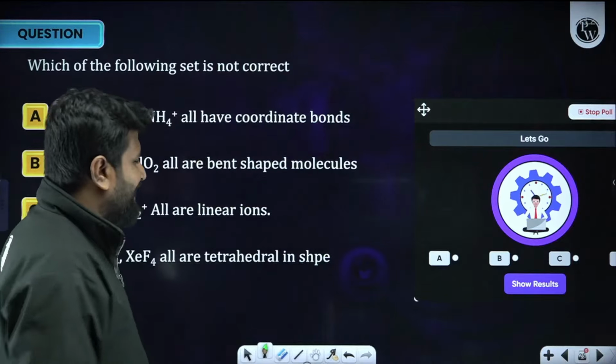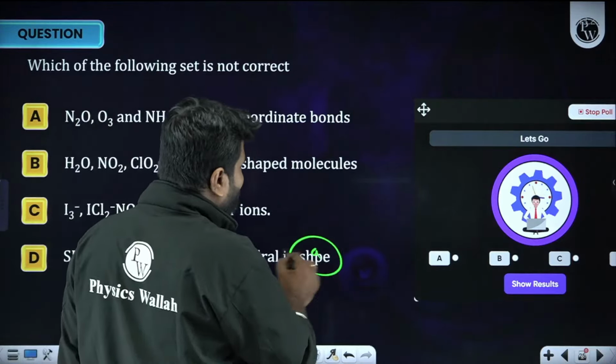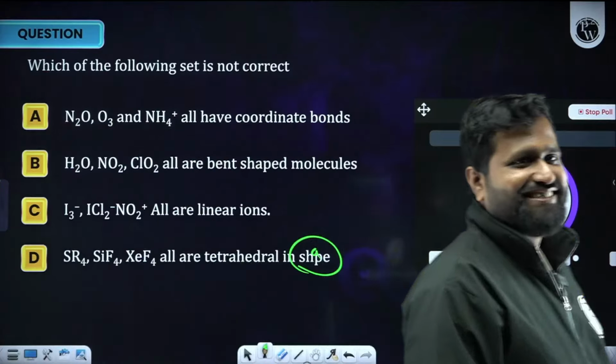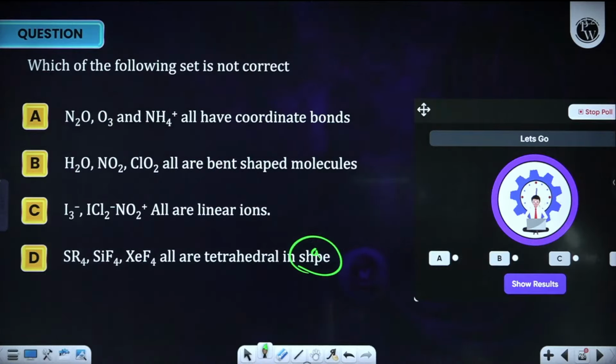Yes, sir. D is incorrect. Spelling mistake is there in shape. So what will be the answer?